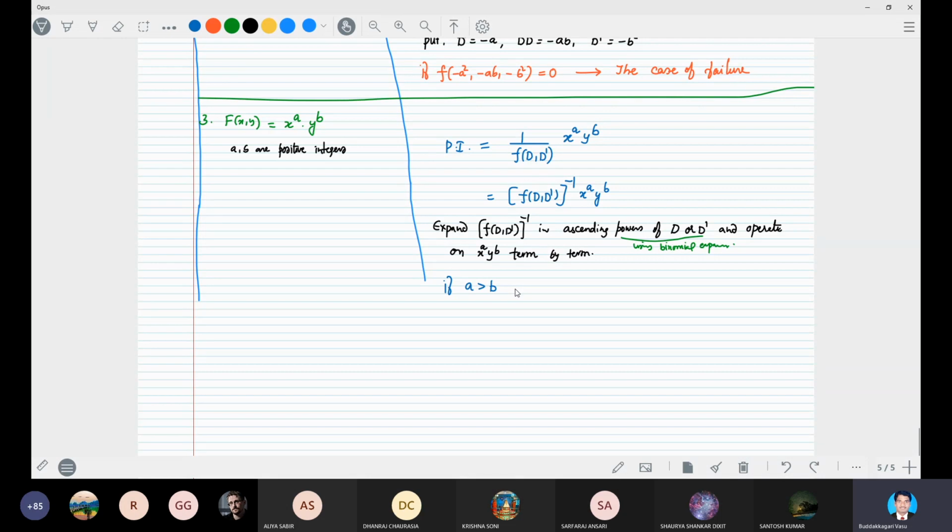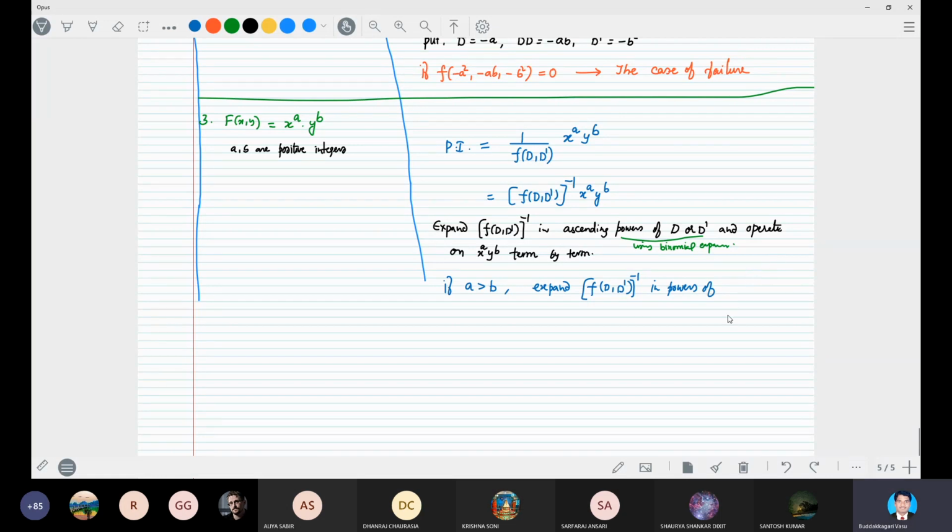Expand f of D, D dash whole power minus 1 in powers of D or D dash?